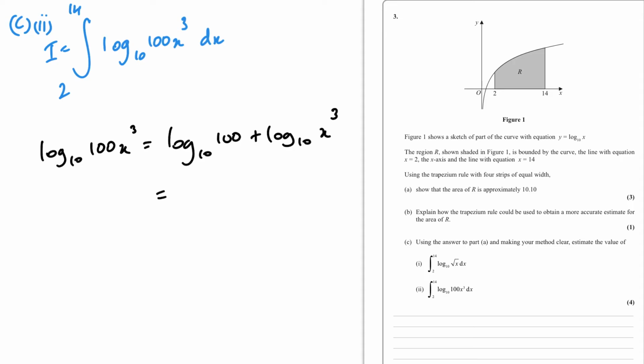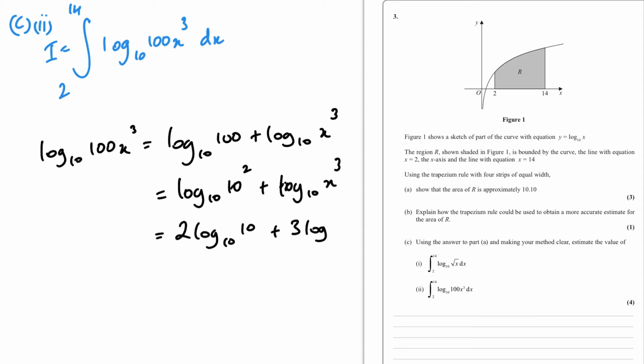Now, if I think of this, this is 10 squared. And then bringing my powers down, I get 2 log to the base 10 of 10 and 3 log of x to the base 10.